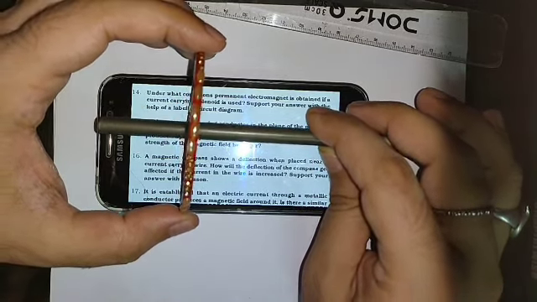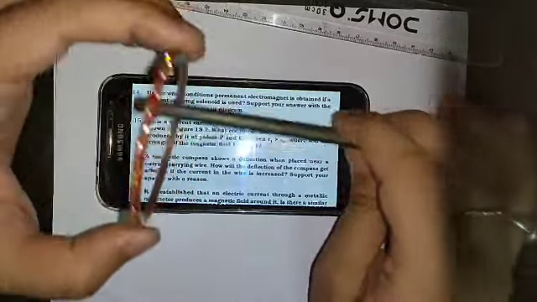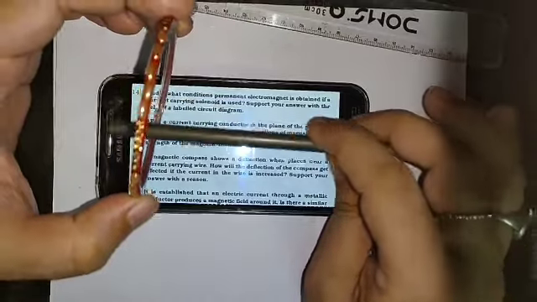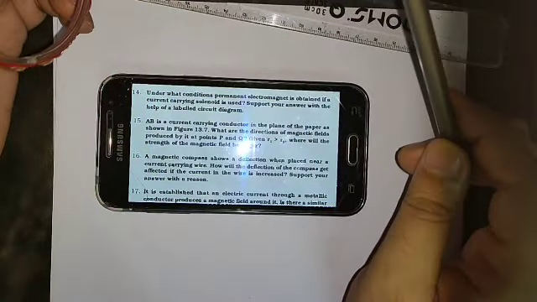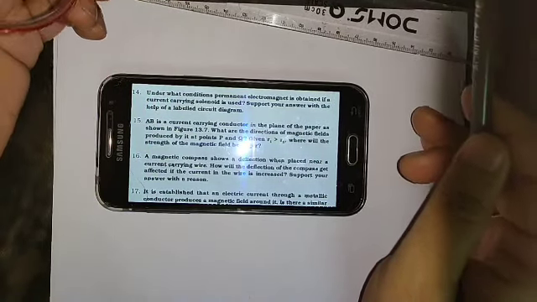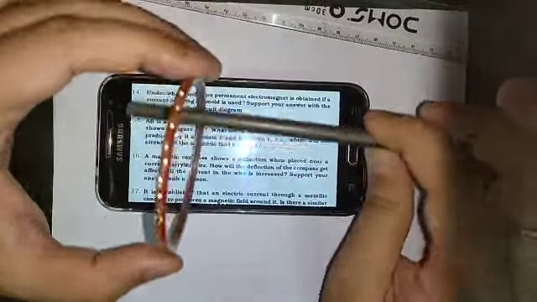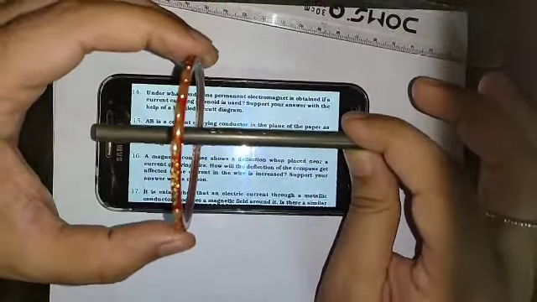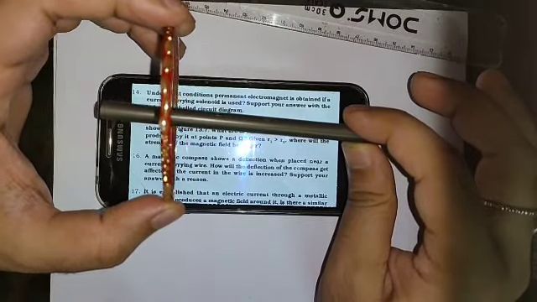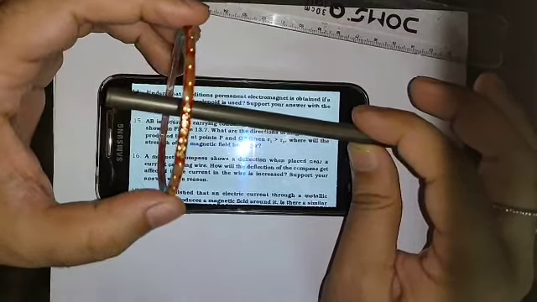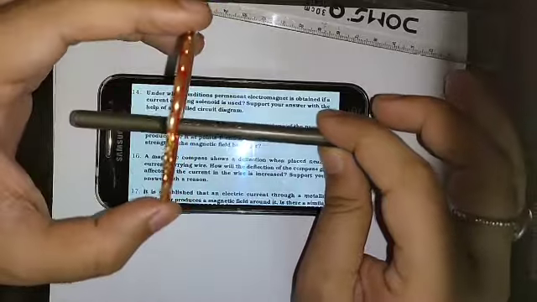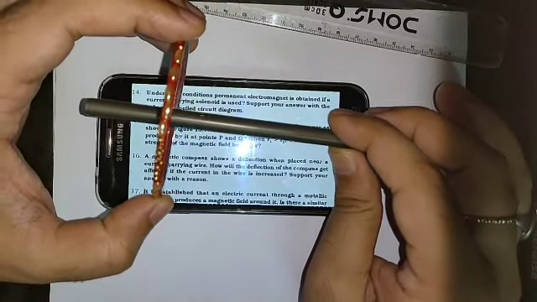So if we use DC, direct current of high magnitude, then we are going to have the permanent electromagnet, and the core material which we use for the solenoid should be a very good magnetic material. For example, steel, iron, you can just take these things. Okay, so this can be the answer.